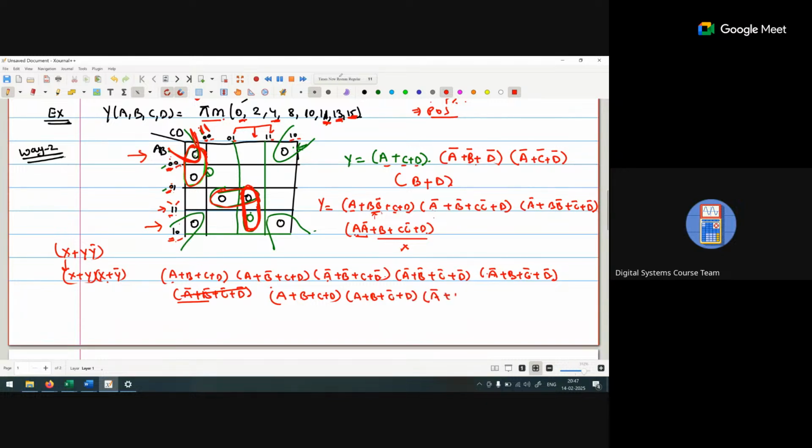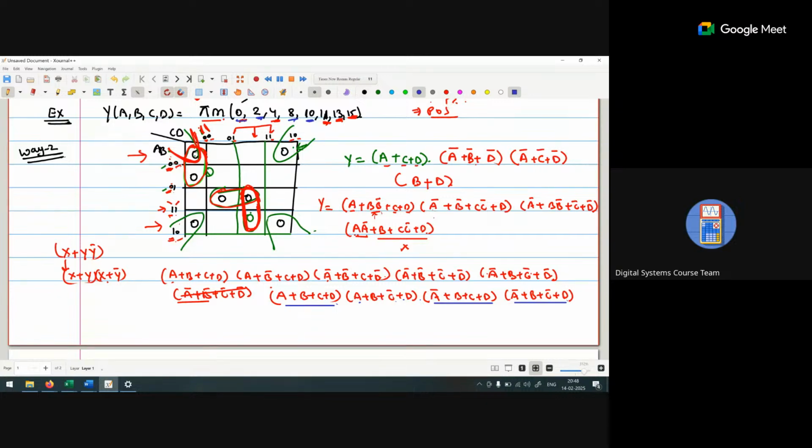Third is a bar plus b plus c plus d. And last is a bar plus b plus c bar plus d. So 4 terms are there. This becomes 0, already covered. This becomes 2. This becomes 8. And this becomes 10. So all terms are covered.